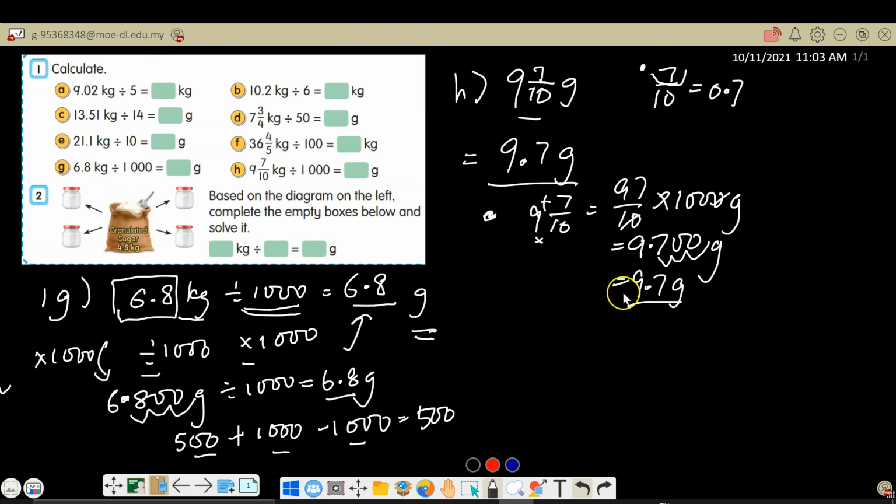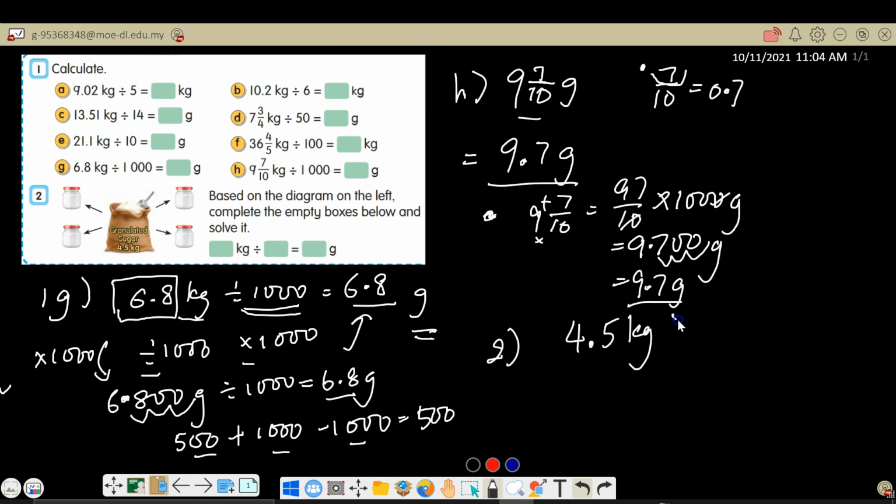Okay, finally, last question, question 2. Based on the diagram, complete the empty boxes. You can see the sugar, the total is 4.5 kg. Look at the sack there, 4.5 kg. And then there are 4 jars, right?